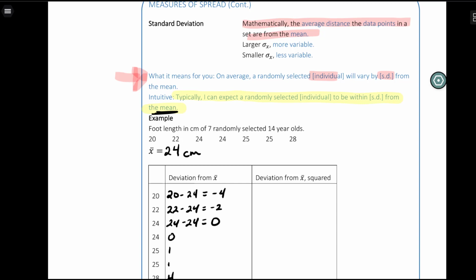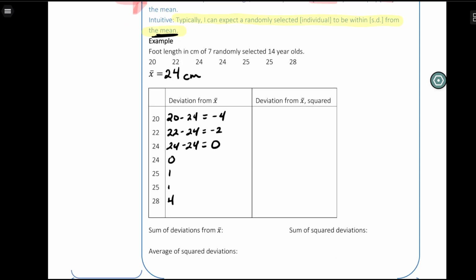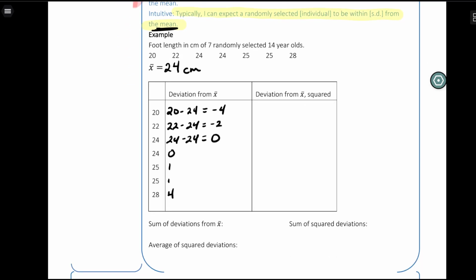Okay? Now, what we would just say is, all right, well, let's take a look at what's the average deviation. So let's add up all of these deviations, right? If we add up all these deviations, we end up with -4 plus -2 plus 0 plus 0 plus 1 plus 1 plus 4. If you're kind of savvy here, you can start to see what's going to happen.